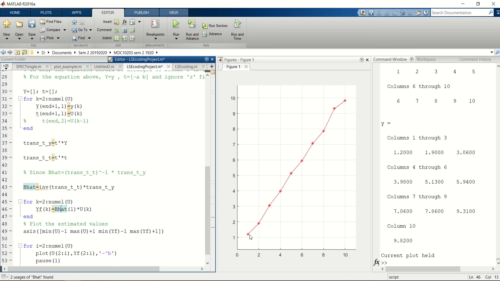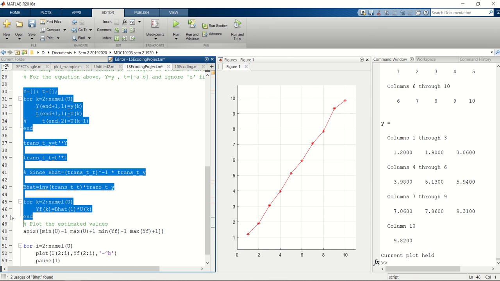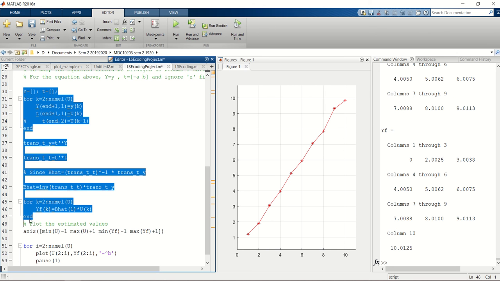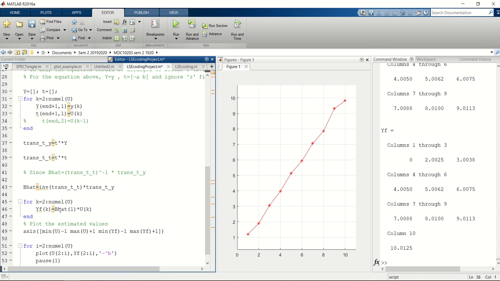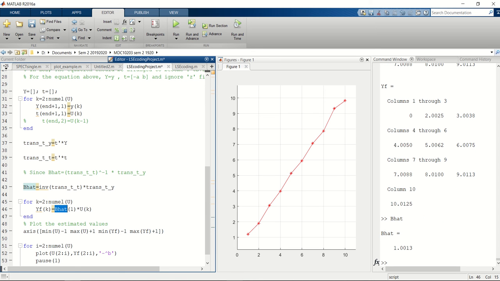And since we know that the values are 1, 2, 3, 4, 5, 6, 7, 8, 9, 10, we expect that the value of m, the slope, is around 1, right? So if we run from here until here by using F9, and we look at the value of b hat, the b hat value is 1.0013.